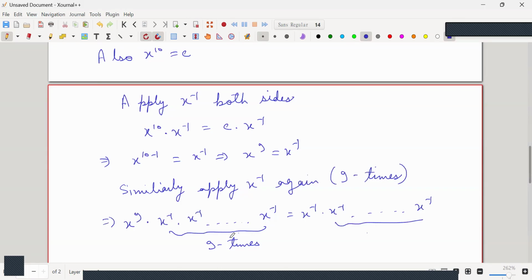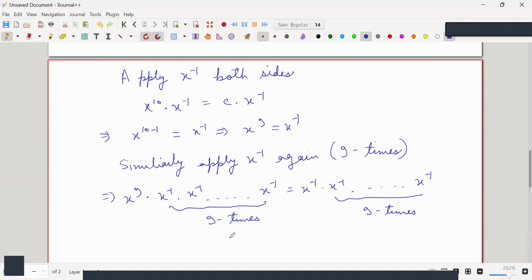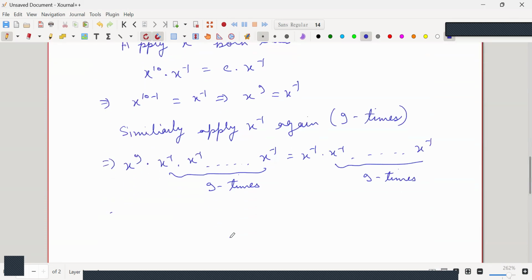So here it is also 9 times, and then you will get identity, and this is x^10, or I must say, this is x inverse raised to 10.